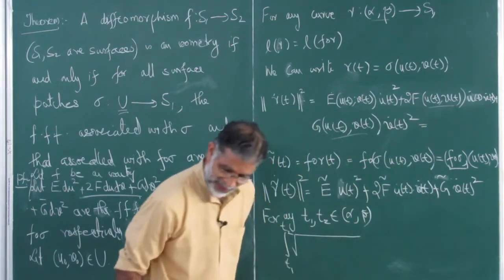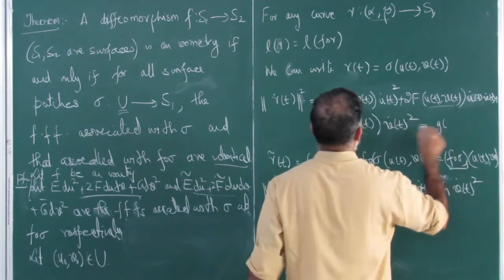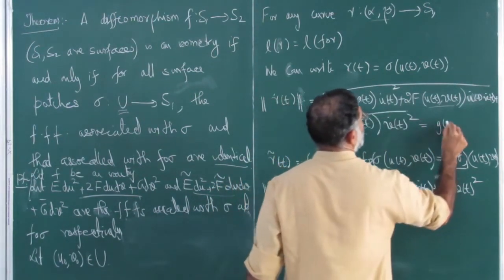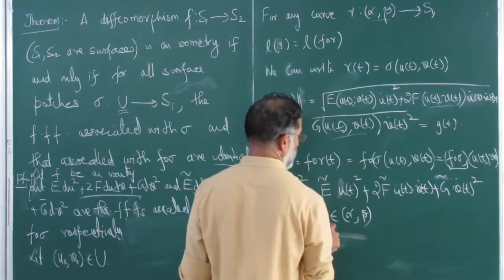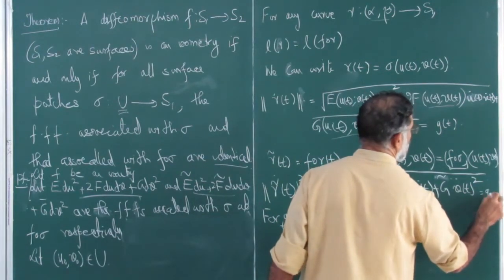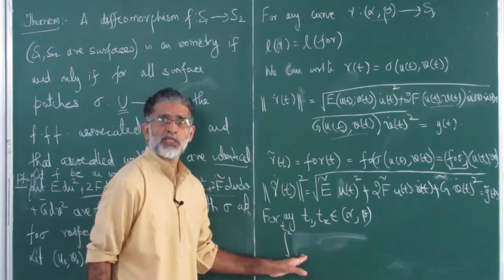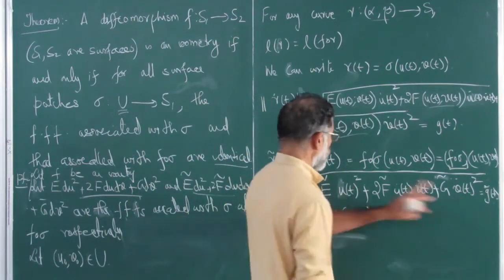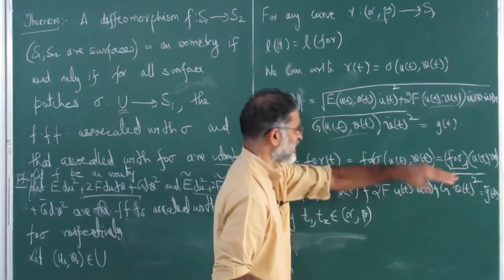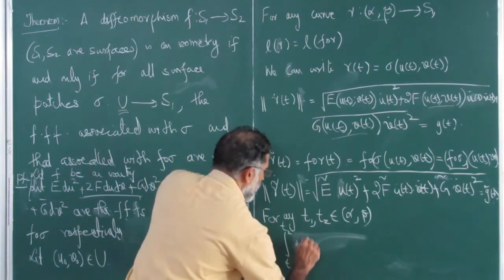Let me make a small compromise, since it's too much to write: the whole thing inside the square root I will call g(t), and for the other one, g tilde(t). So the length of gamma from t1 to t2 is the integral of the square root of g(t) dt.